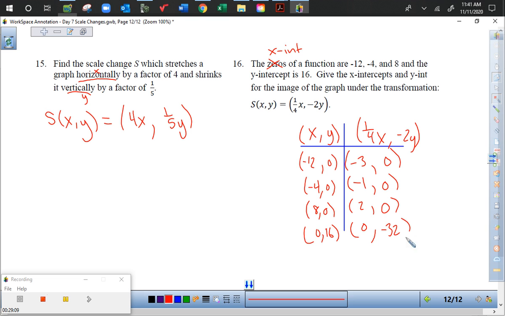Okay, so you'll see an x-intercept under a scale change is still an x-intercept, because that 0 is not going to be affected by a scale change. Same thing, a y-intercept under a scale change stays the y-intercept. So our shortcut here is just all the x values, you plug in the x part, all the y values, you plug in the y part, but you do have to write them as ordered pairs for me, okay?